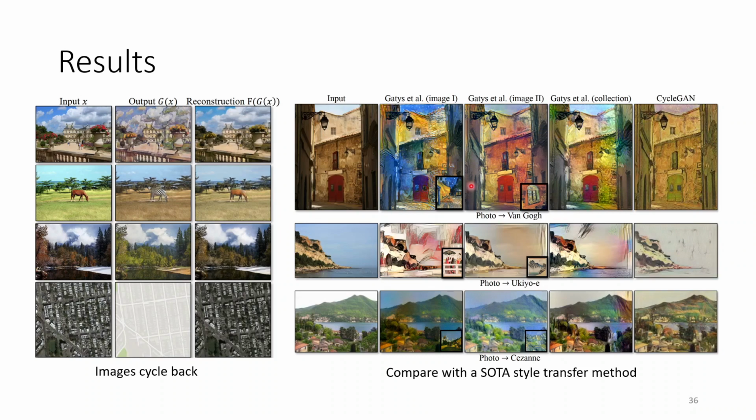So this is their comparison, given the input real natural image. There are three different methods. I should say, in 2016, Gatys' method is the state of the art. It is the transfer method. We saw it a few slides before.